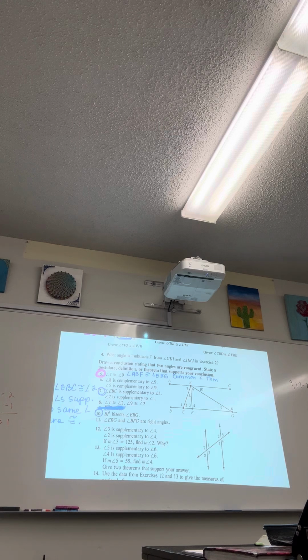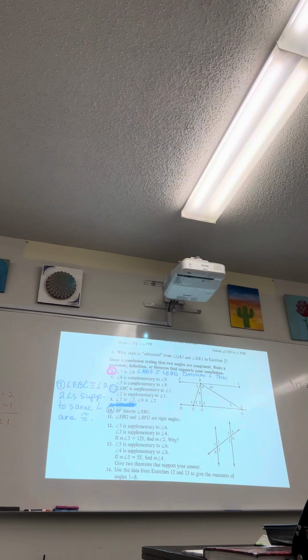Angle 8 and angle 9, right? What's the reason? Definition of bisector. What kind of bisector? Angle bisector. So you know we've used this. This is really practice of things that pop up in proofs. This is the definition of angle bisector.